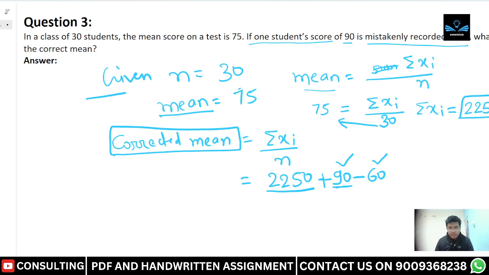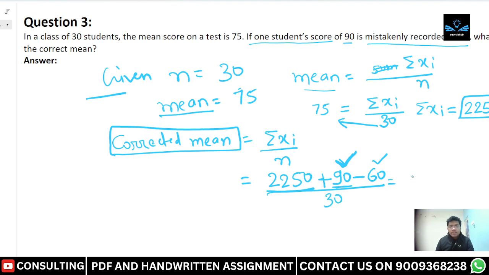In this question we have to subtract the wrong one and add the right one, right? This is the right number, so we have to add it, divided by n, which is 30.